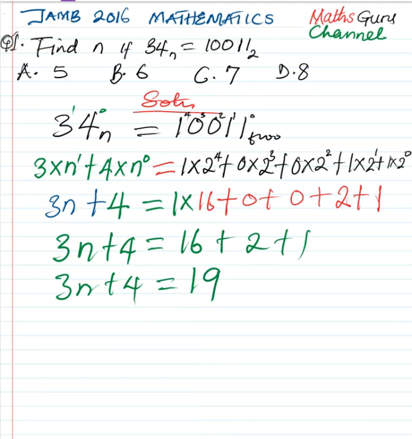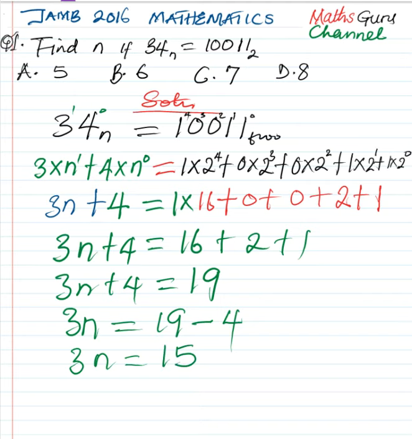So we have 19 here. Now we're going to collect the like terms. So we have 3n equal to 19 minus 4. And 3n will be equal to 19 minus 4 is 15.